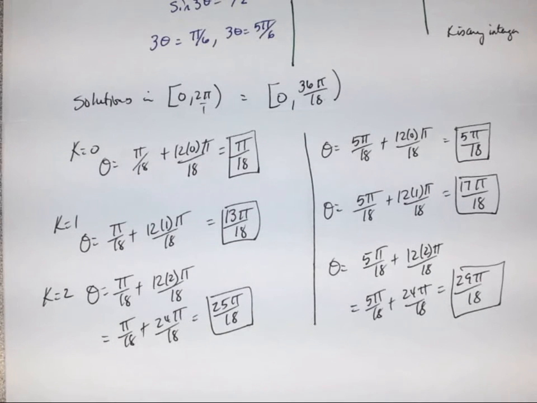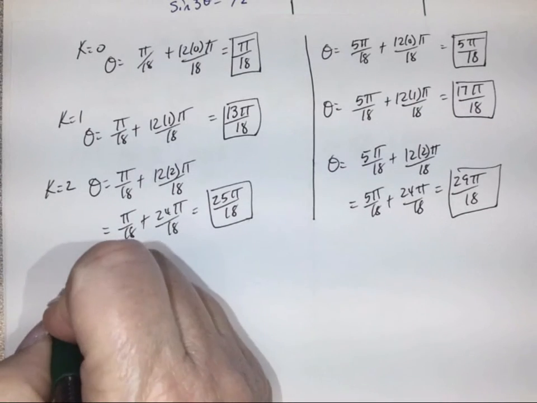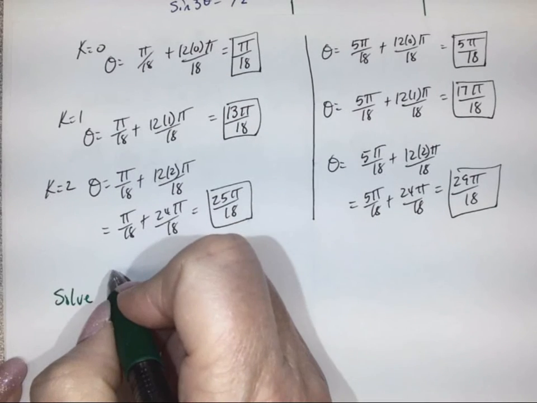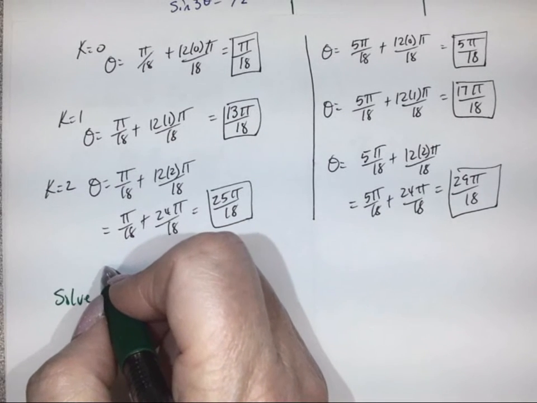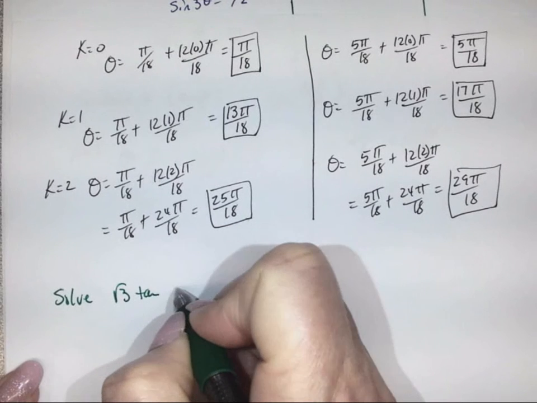All righty. So we are going to look at another example. We're going to look at solving the square root of 3 times tangent of theta divided by 2 minus 1 equals 0.